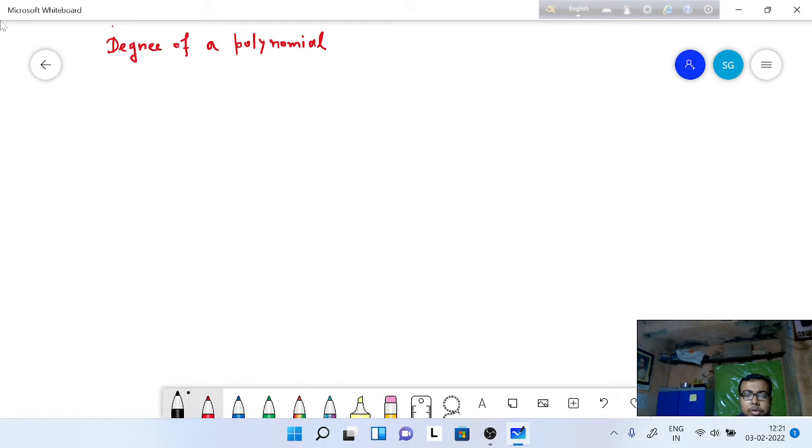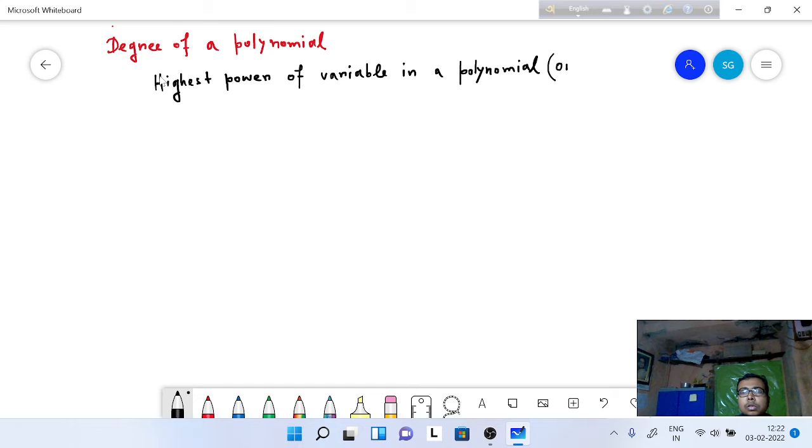It is the highest power of the variable in a polynomial for a one variable polynomial. Let's understand this with an example.